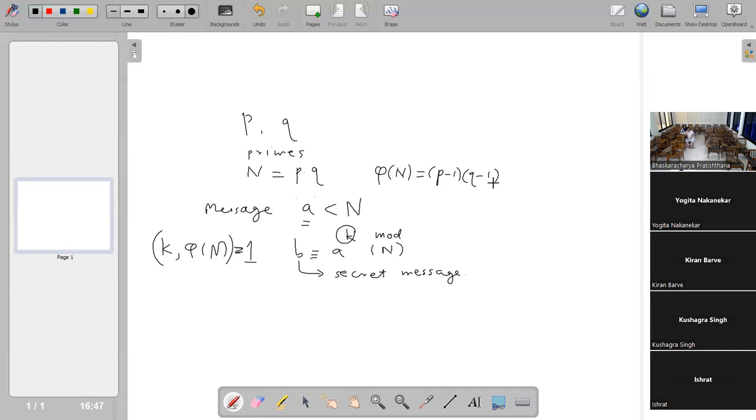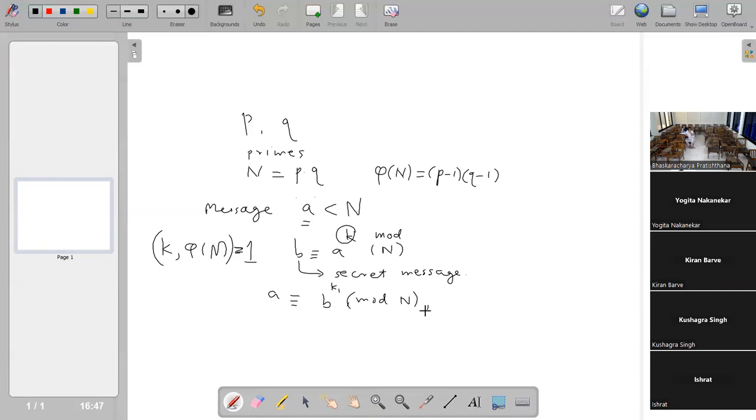Now, once you get this secret message, how to get the original message A, that is the question. So A is actually equal to, one can prove this, B raised to a number K1. So A is B raised to K1 mod N. And how to get K1?